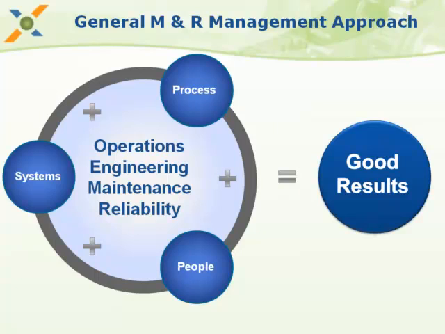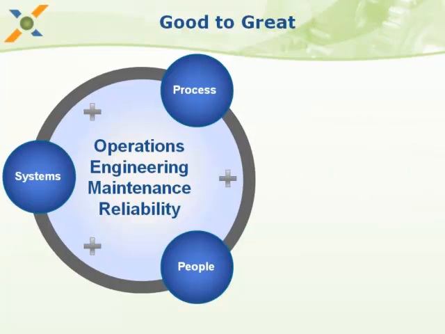Maybe some legs are a little bit weaker than the others depending on the organization, but by and large, most of us use this, and we are getting good results. So how do we go from good to great? How do we go from the current state to a future state which is better than what it is today?